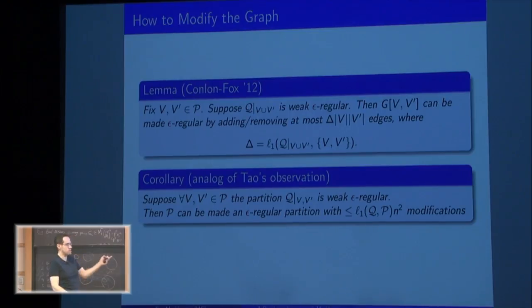The proof is trivial, right? You just apply that for every bipartite graph and sum everything together, and what you get is the normalized L1 distance if you average over all this.